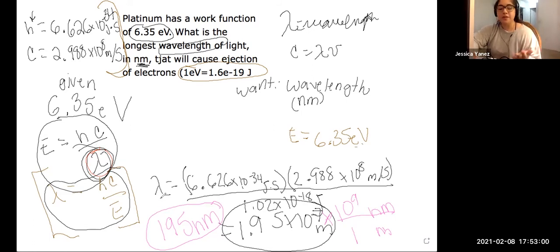What you can do, and it depends on the type of student you are, but either works, is plug in what you have already, because we have H, we have C, and we have E, and you can leave lambda by itself. So you can say, okay, our E is 1.02 joules.